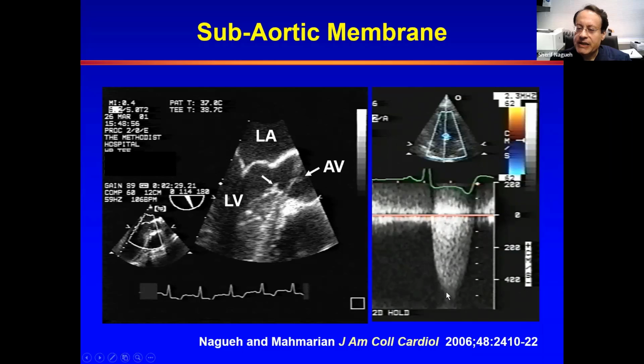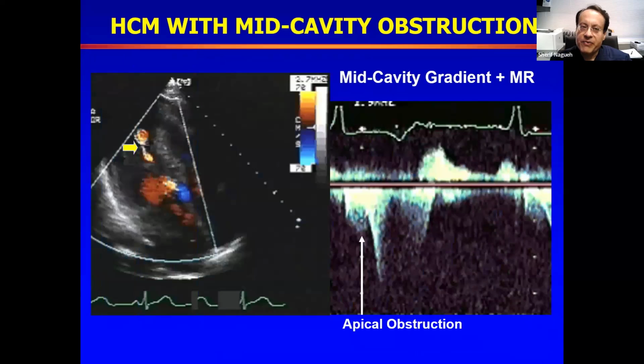And usually their signals are earlier peaking signals, not the later peaking, dagger-shaped signals that you see with dynamic obstruction. Also, aortic regurgitation is not uncommon in the presence of a subaortic membrane, or other reasons for subaortic pathological narrowing, whereas it is much less common with hypertrophic cardiomyopathy.